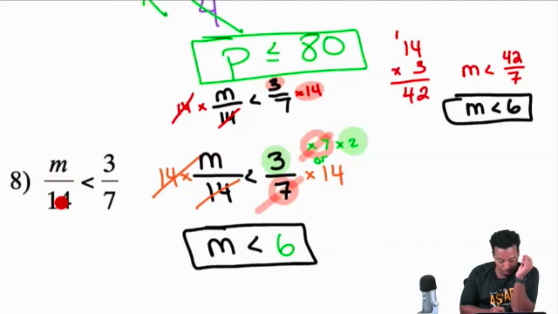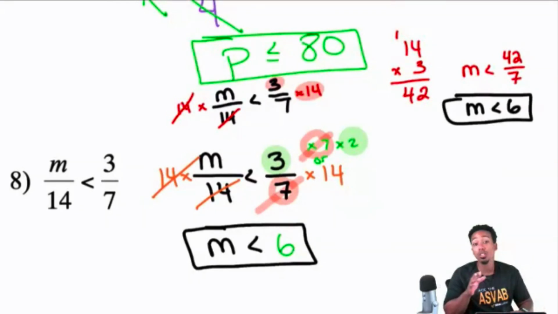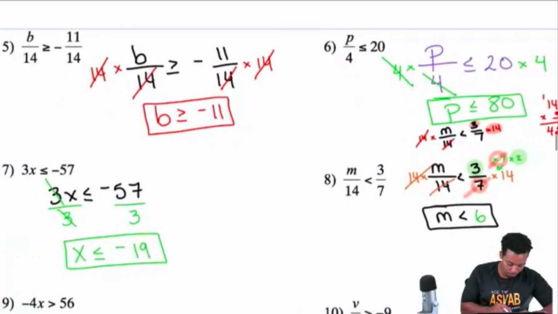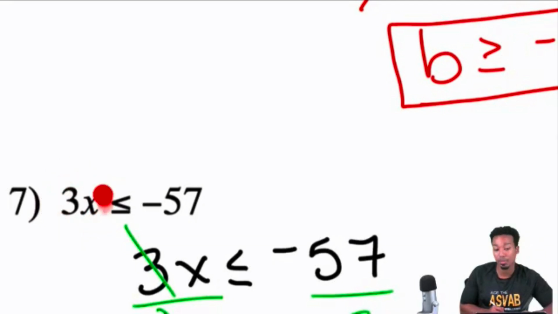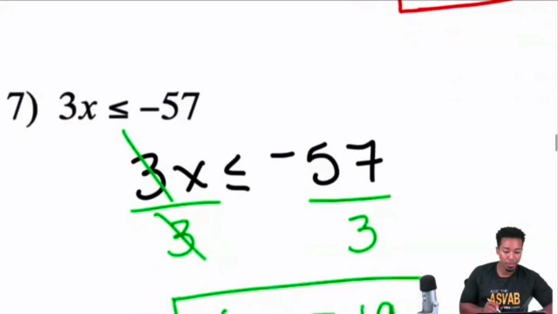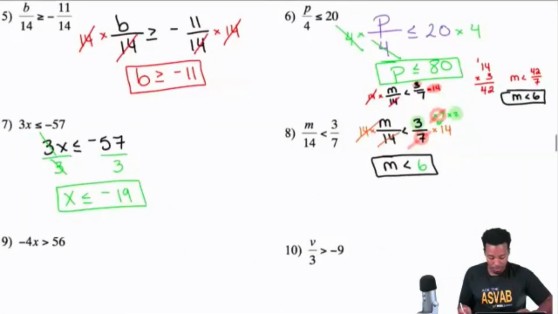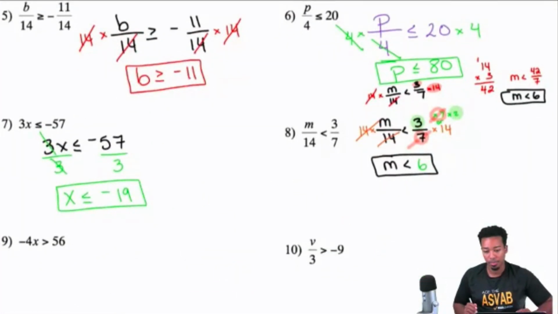Instead of dividing by 14, we need to multiply by 14. Every single time, you will do the opposite operation. Notice how here we see it's 3 times x, and what we'll do is divide by that 3 to get it by itself. So it's all about performing the opposite operation each and every time. I hope that makes a little sense.